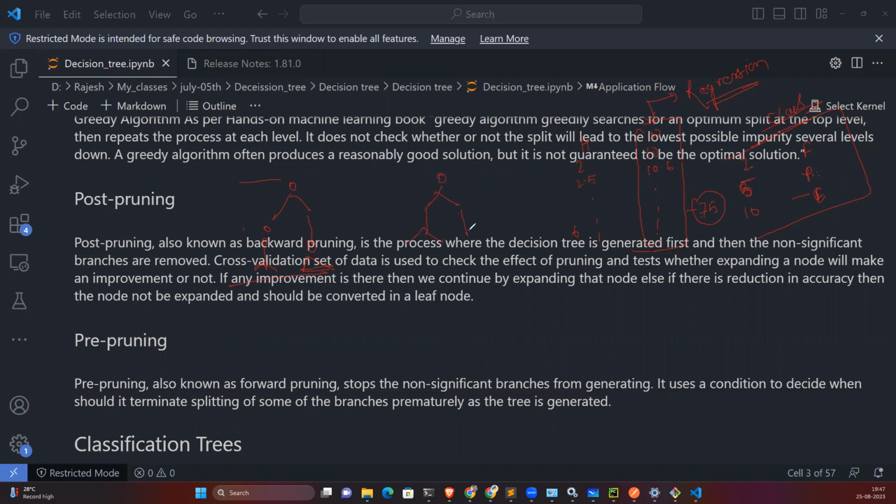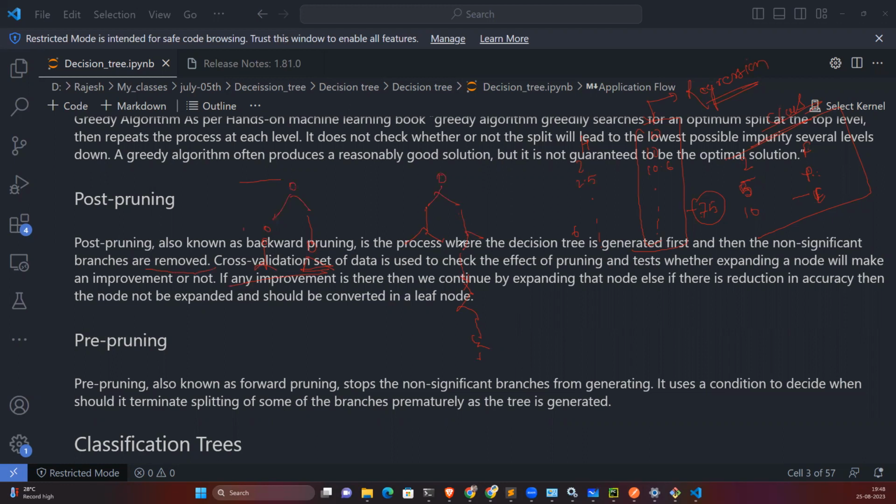You make a tree, you go in depth, and you make the decision. But you find that you are not able to take a decision after reaching some certain point. So post pruning, also known as backward pruning, is a process where the decision tree is generated first, and then the non-significant branches are removed.